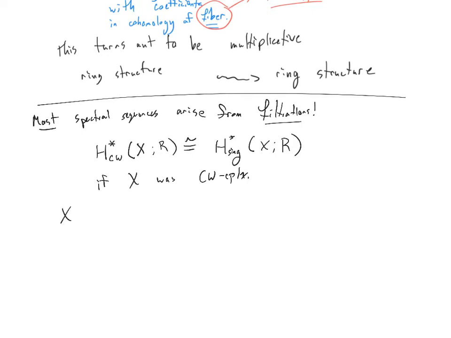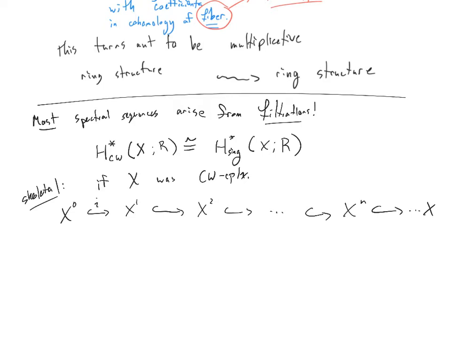So you have this filtration, X0 into X1 into X2 into whatever, and let's just assume we can filter it like this. So you have all these skeletal filtrations, and what you do is you start looking at each of these little inclusions.